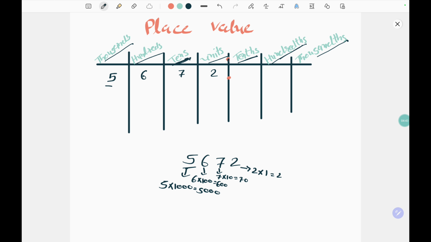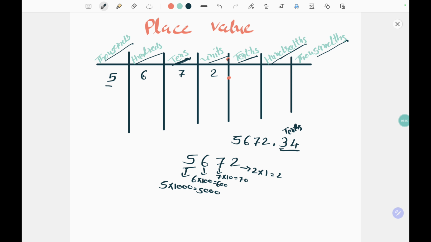Okay, so this is the number. But if I say 5672.34, there is a decimal point, and after the decimal point there are 2 digits on the right-hand side. As I told you, after the decimal on the right-hand side, the first digit we call the tenths place, right?